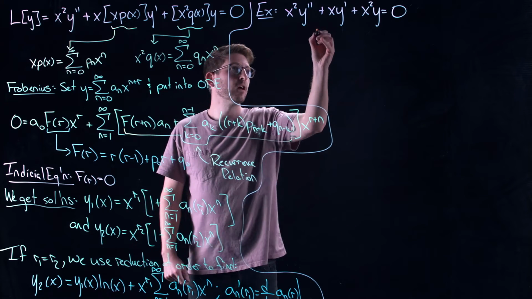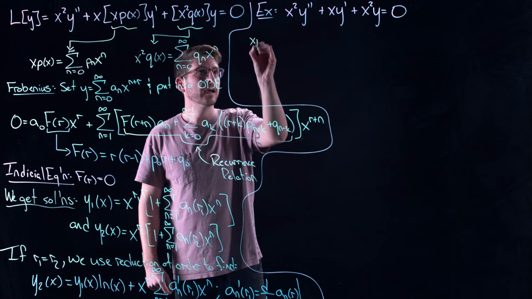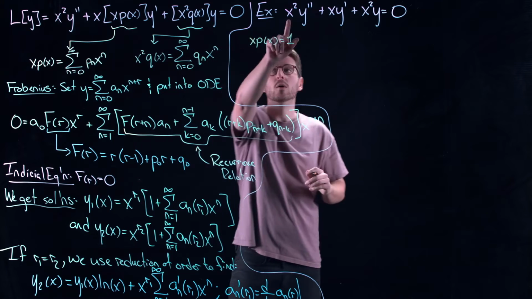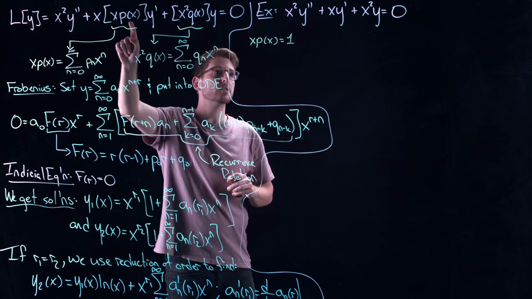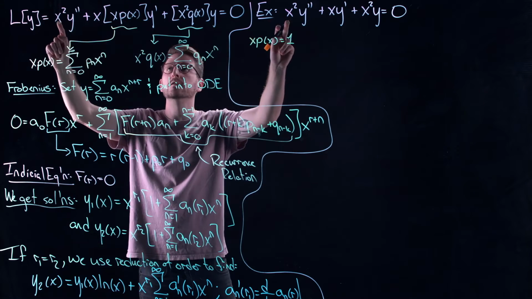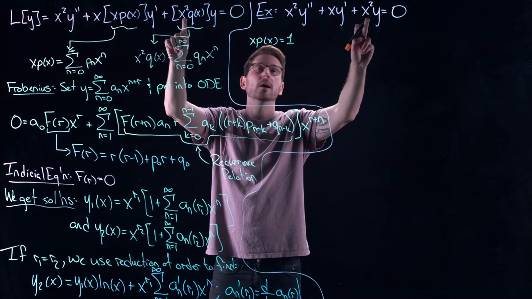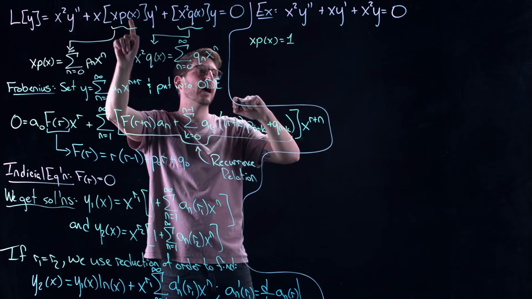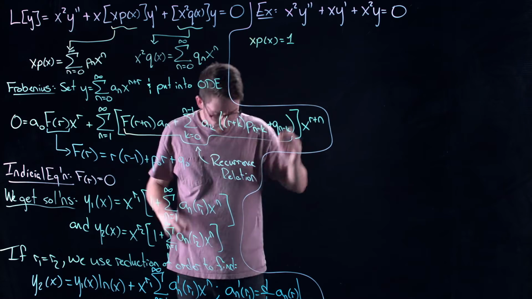So first of all, xp of x is equal to 1, right? So if I put everything in terms of what I'm seeing over here, I've got an x, I've got my x squared, I've got my x squared q. And so therefore my xp of x is just a 1 term.